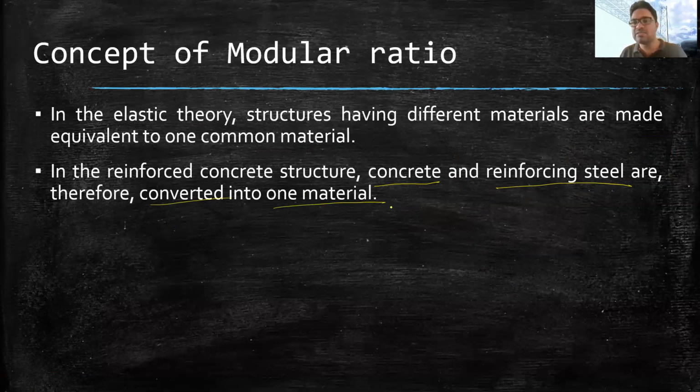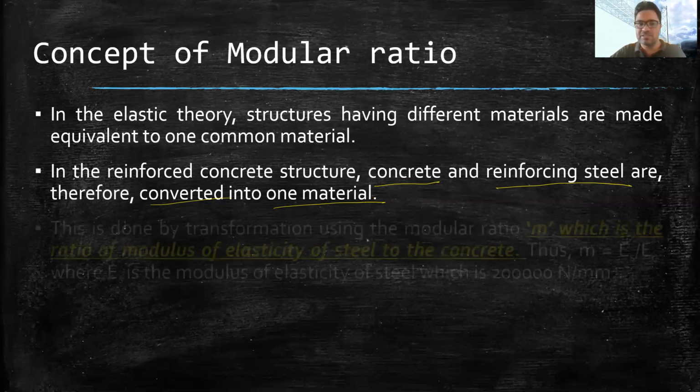One is concrete and the other one is steel, and both are different, their properties are different. But if we want to express them in a common material, then we express them using a ratio called modular ratio. So here in this case, we are not expressing them in terms of strength, but we are actually expressing them in terms of modulus of elasticity.